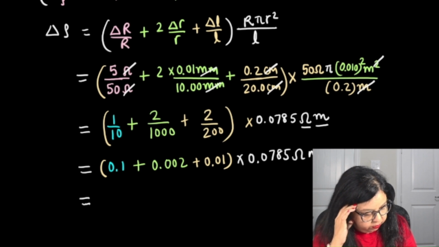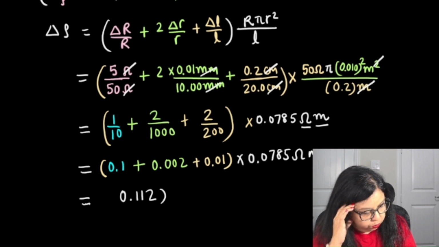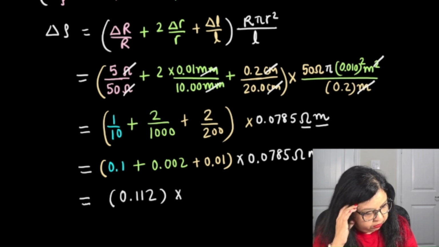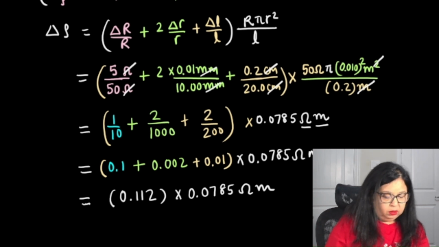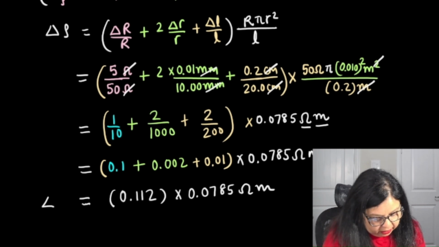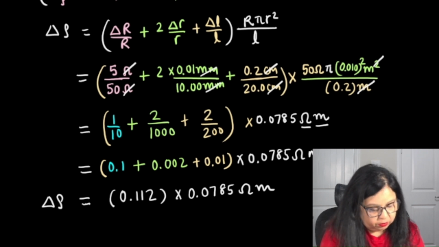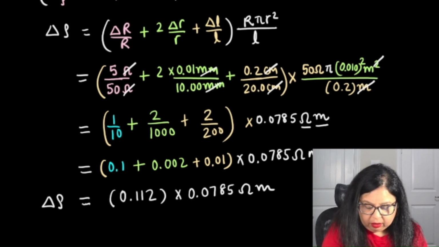What does this give us? We will have 0.112 times 0.0785 ohms meter. Multiply them out and you will get delta rho. Okay, times 0.112.